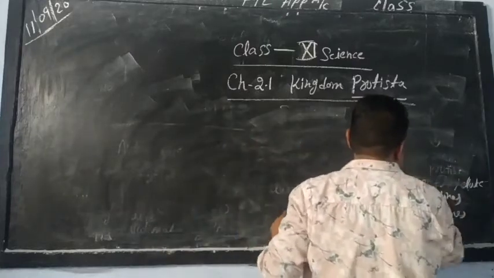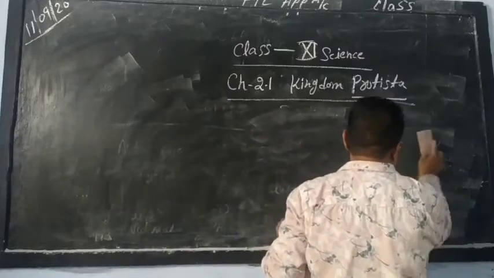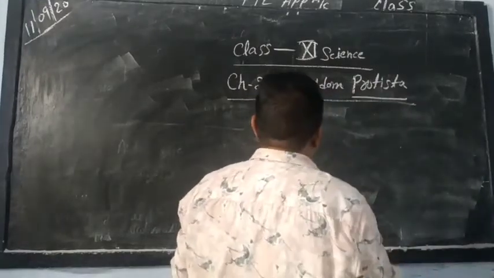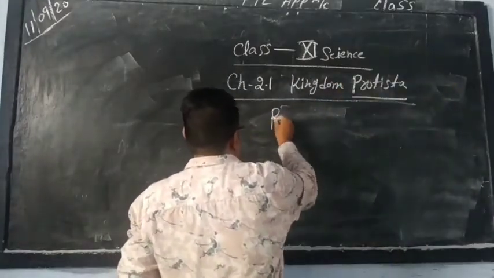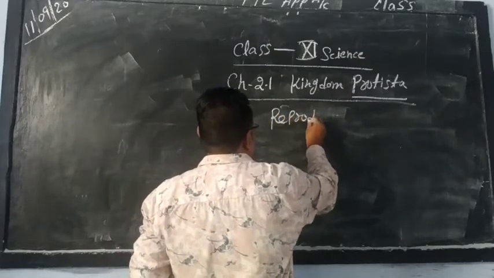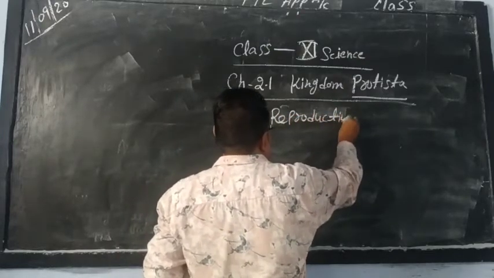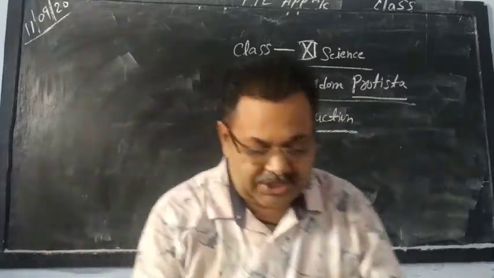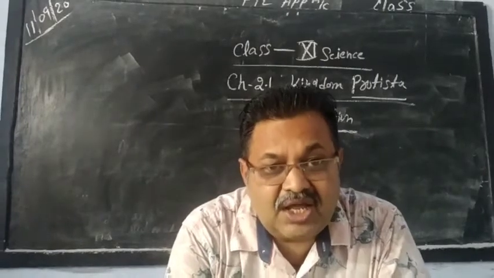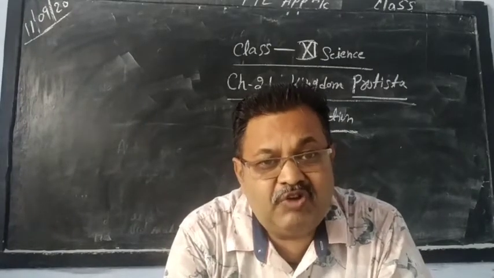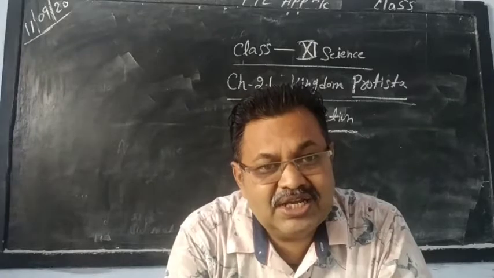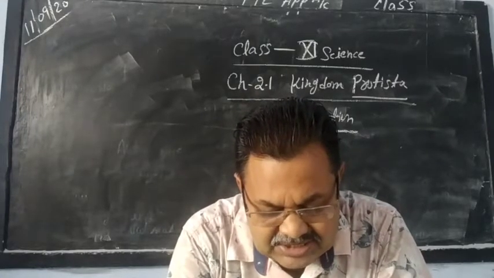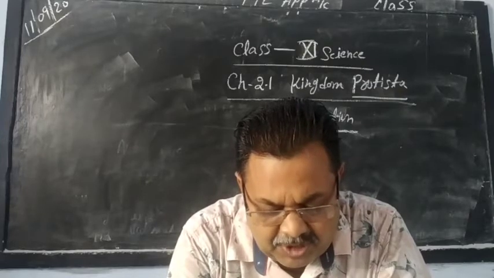This process is known as reproduction. In Protista, there are two modes of reproduction. One is sexual and another is asexual. First we discuss the asexual type of reproduction.